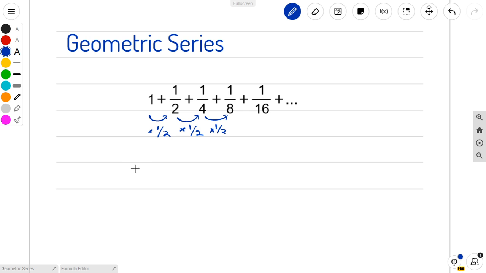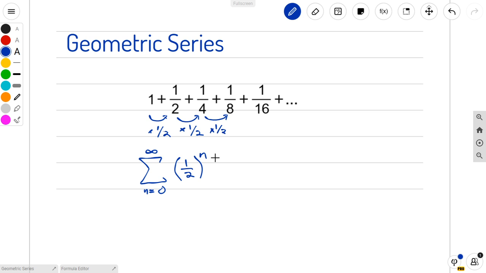So we could actually write out this series, this infinite sum, using summation notation to say that if we were to let n be equal to 0 and go to infinity, this series would just be 1/2 raised to the nth power.